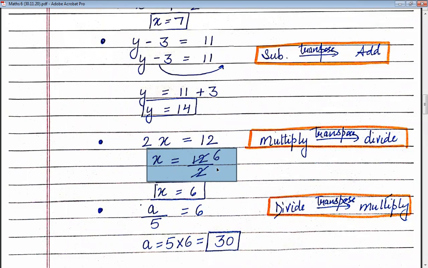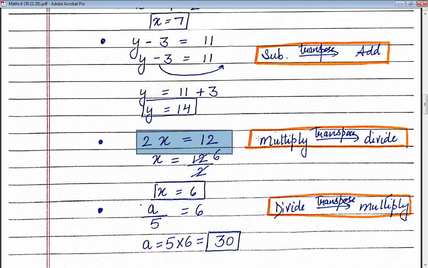After cancellation, your answer is 6. So what is the value of the variable? 6. Or what else you can say? That 6 is the solution of the given linear equation.